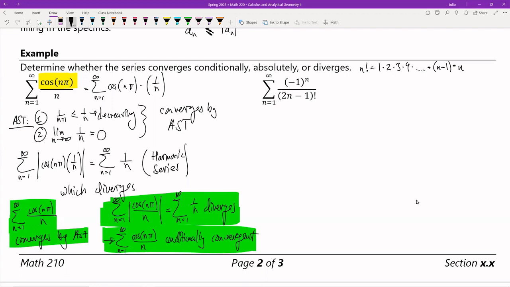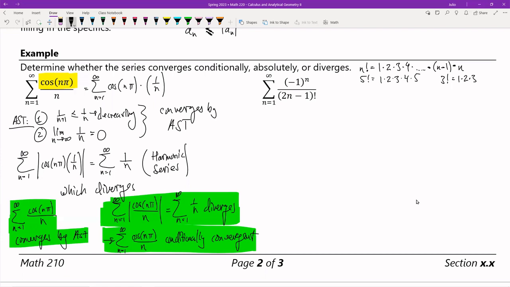Just as an example, 5 factorial is 1 times 2 times 3 times 4 times 5. 3 factorial is 1 times 2 times 3.